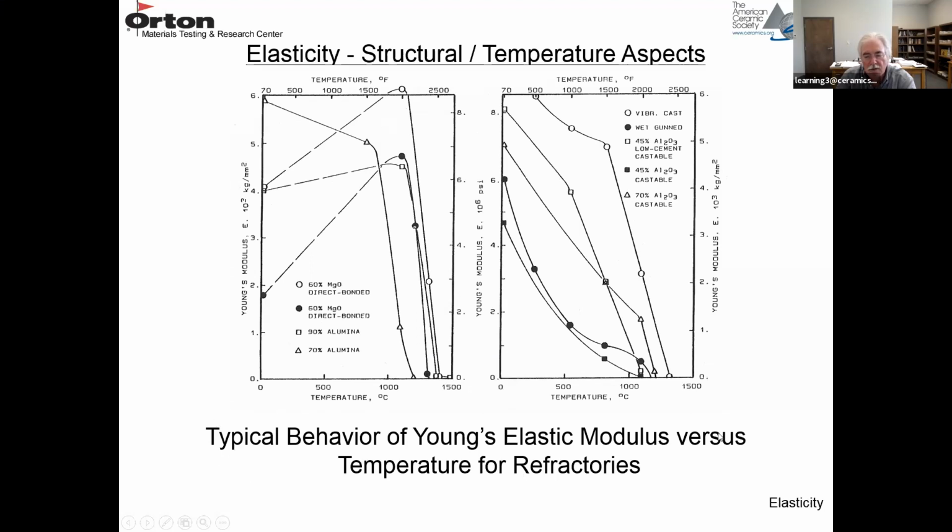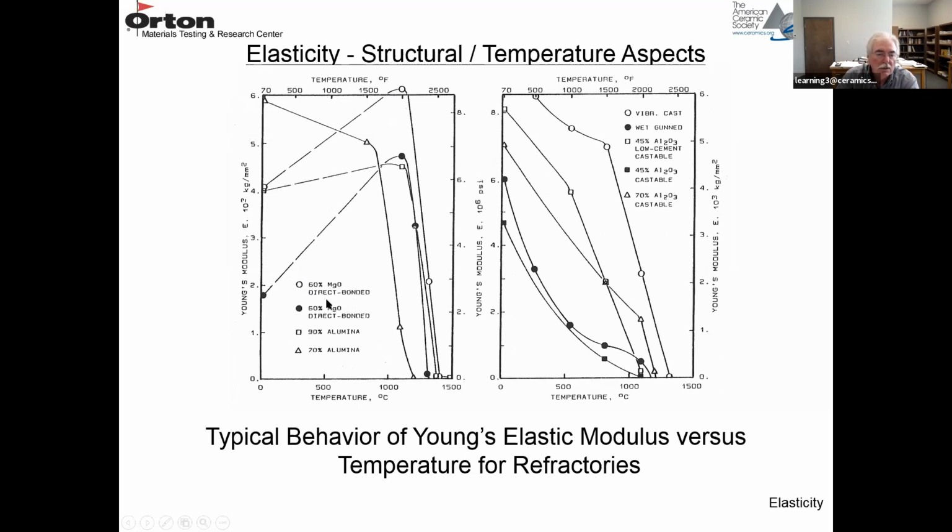And this is Young's elastic modulus for some different types of refractories. The one on the left is Young's modulus versus temperature. And on this plot, the open circle is a 60% MgO material that's direct bonded.